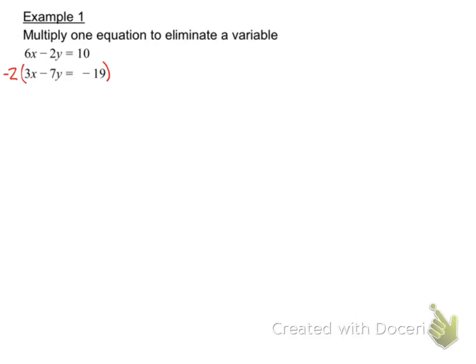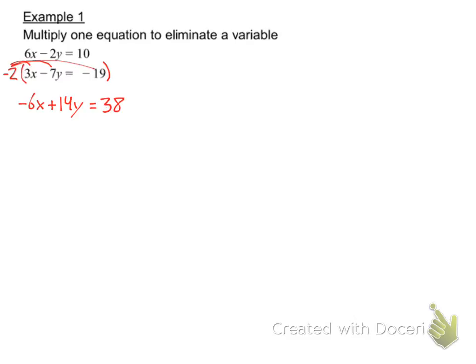So let's do it. Negative 2 times 3x is negative 6x. A negative times a negative is positive, and 2 times 7 is 14, so it's a positive 14y. Everybody with me? And negative 2 times negative 19, again positive, will be a what? 38.